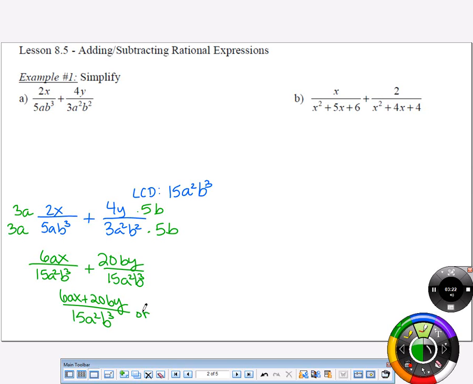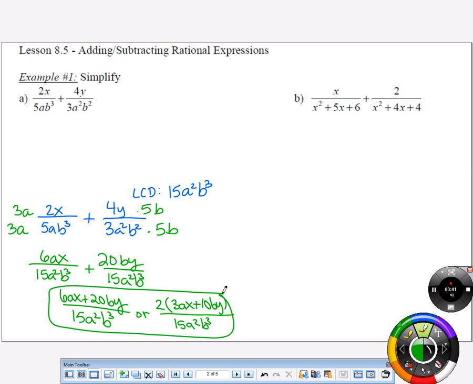If you like to factor each portion to check if anything is factorable, it's also completely acceptable to leave your answer like this. Okay. Both of those are the same thing.